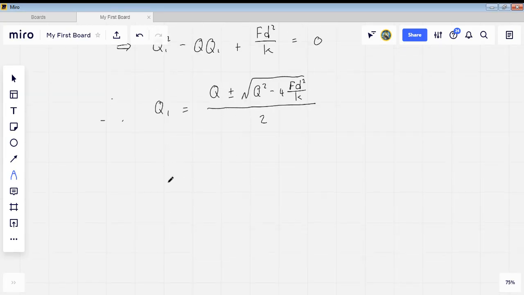So now we can substitute our values in here, and we can find this value for Q1. So that's a half, and since all our values are in SI units, we'll suppress the units here.